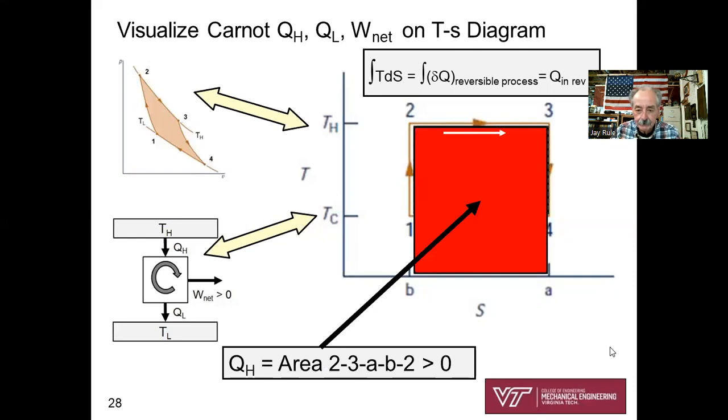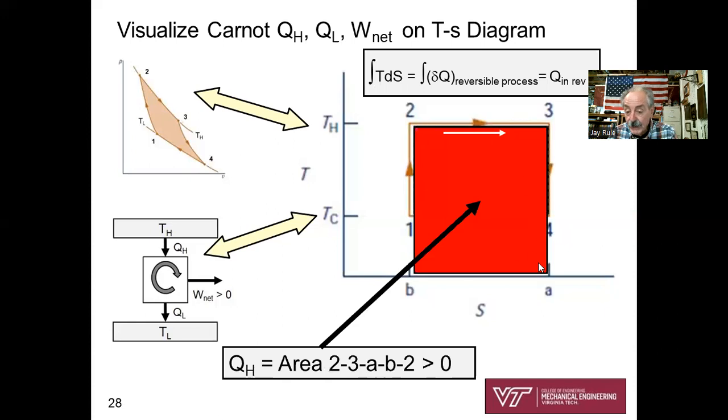Okay, QH, the integral of TdS is equal to the heat added for that process 2 to 3. Okay, so we're looking at process 2 to 3, which is reversible isothermal heat addition at TH. The integral of TdS, do you see it with your eyes? That's the area under the curve from 2 to 3.